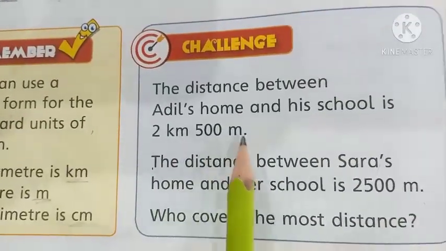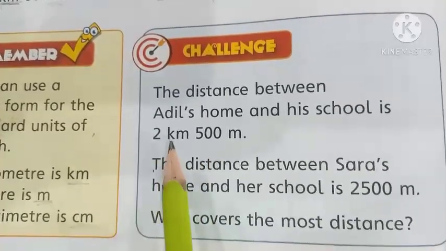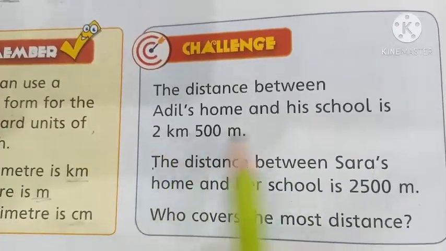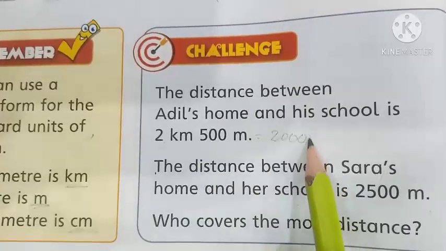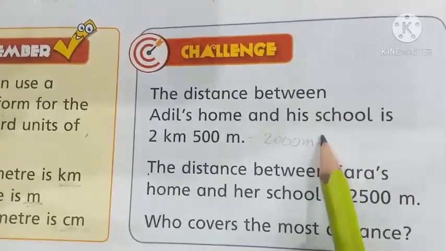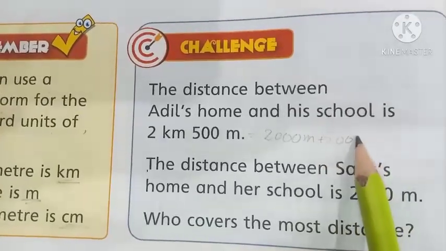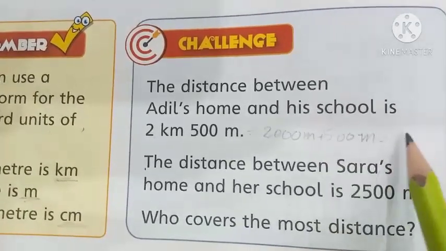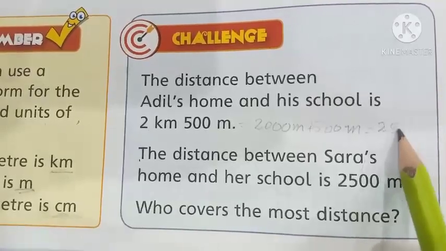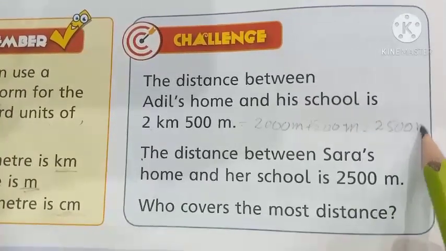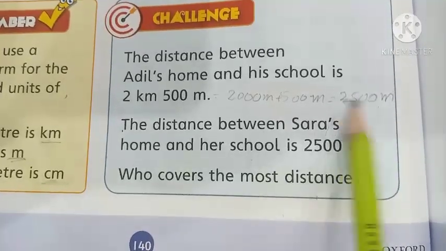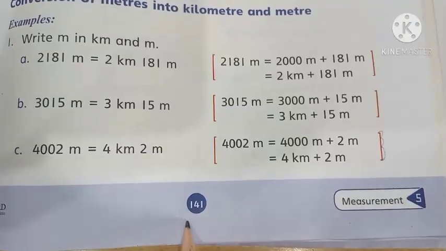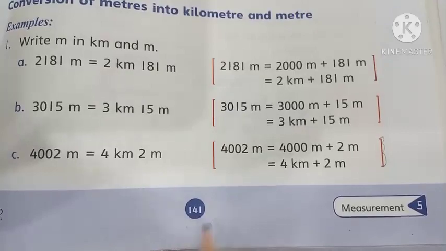If we convert it into meters, 2 km will be equal to 2000 meters plus 500 meters. It will be equal to 2500 meters. So they both cover an equal distance. Move to the next page. The next page is 141.